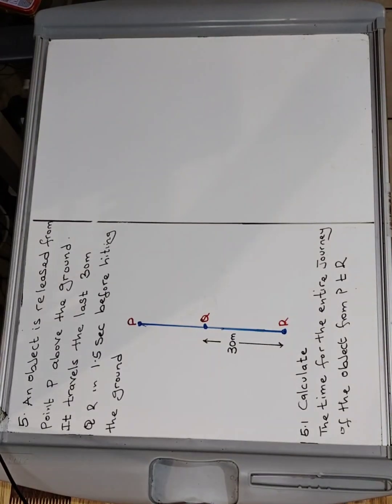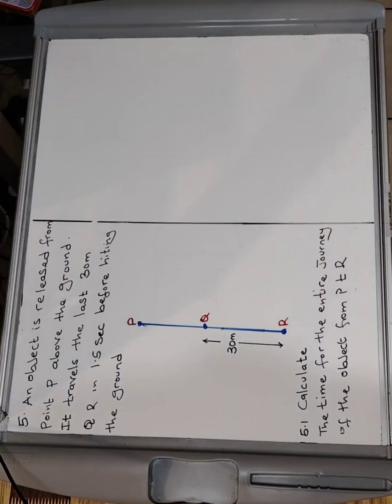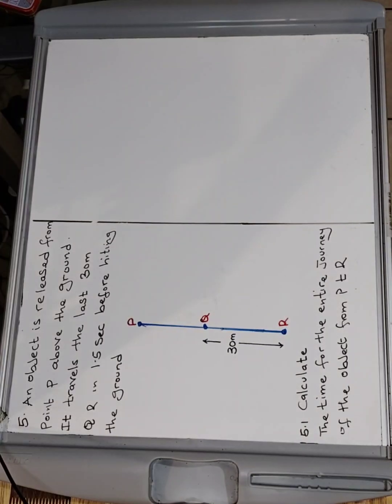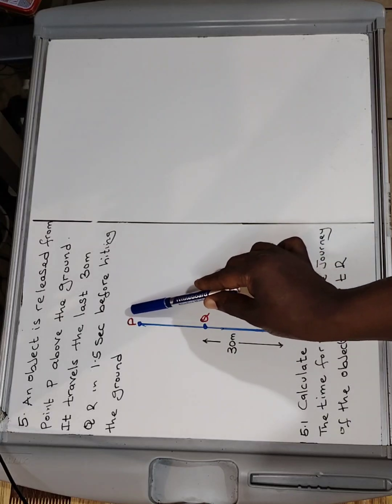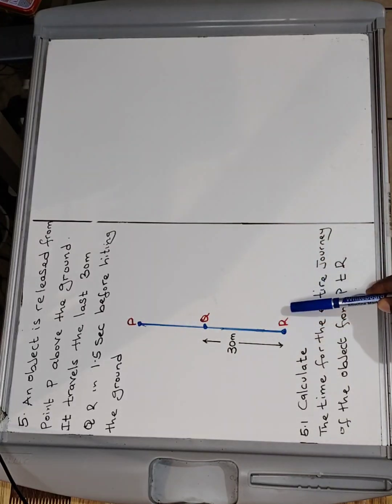The question reads: calculate the time for the entire journey of the object from P to R. So what is the time taken for the object to move from P to R?